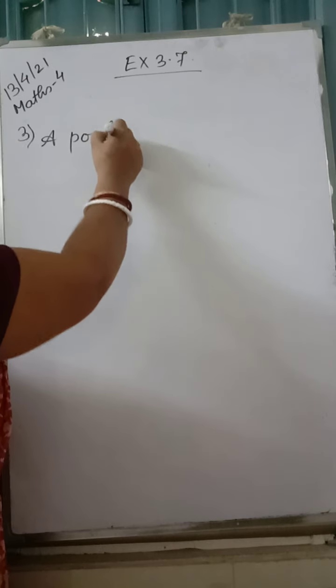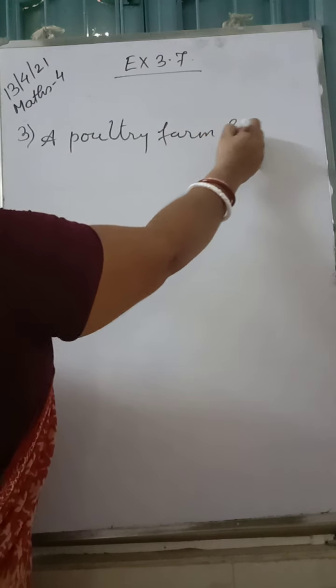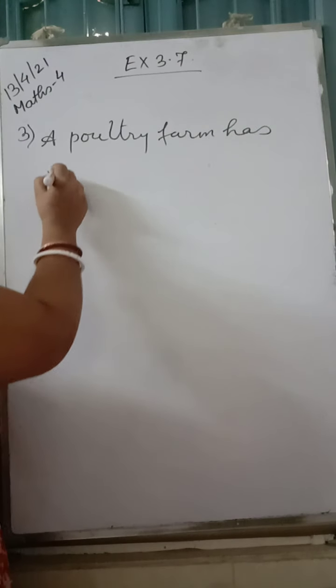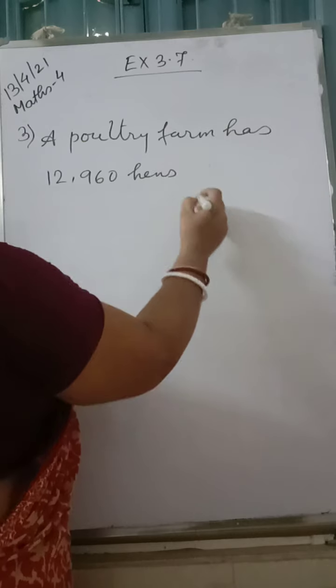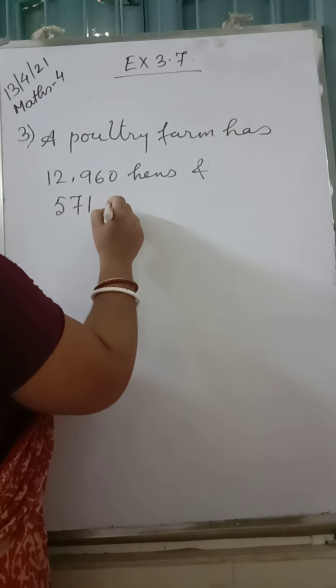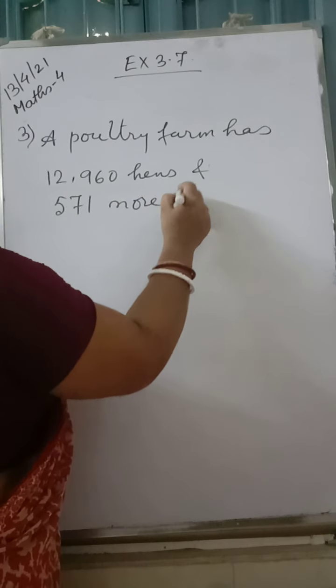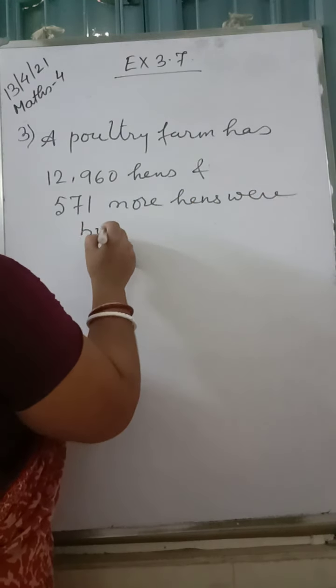It says a poultry farm has 12,960 hens and 571 more hens were bought.